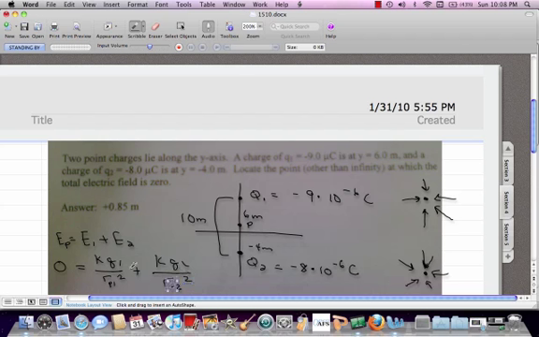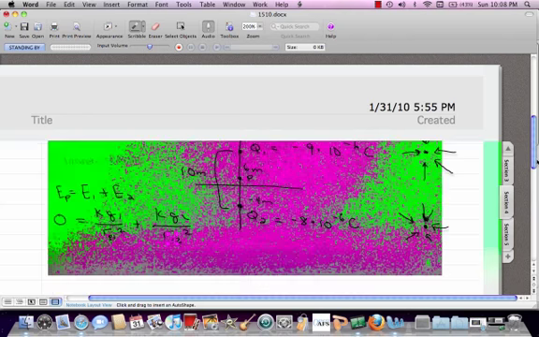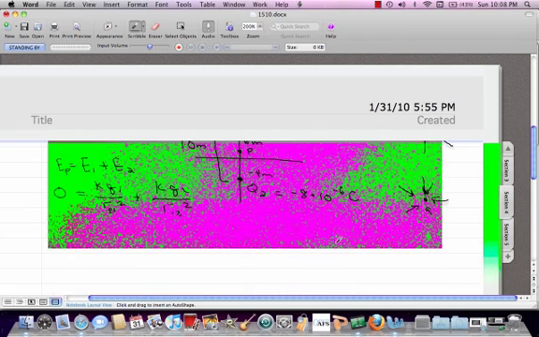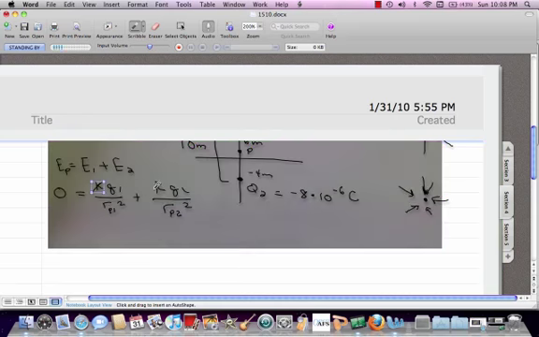Okay, so now because this is equal to 0, I have a K in both of these terms, so I can cancel it out and not worry about it. Now I have 0 is equal to Q1 over R1 squared plus Q2 over R2 squared. All right, I'm going to substitute in here.